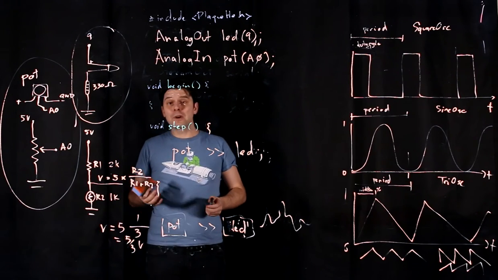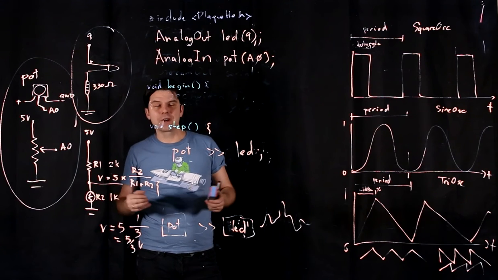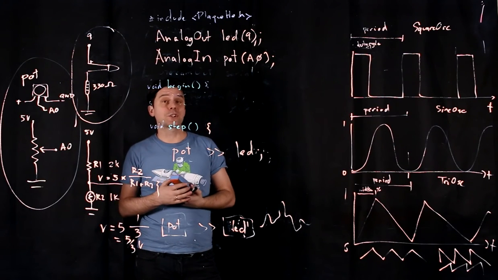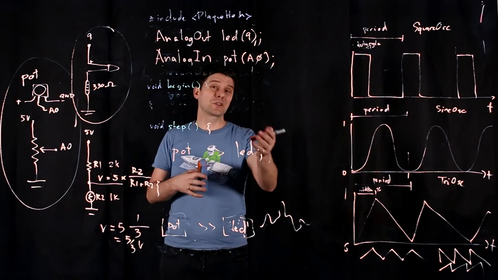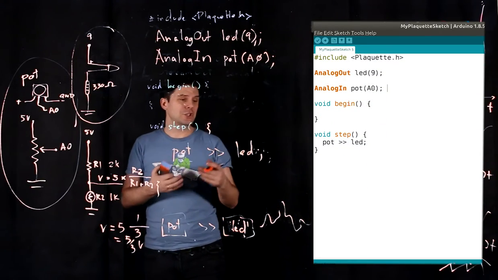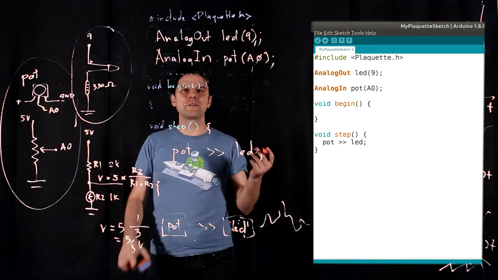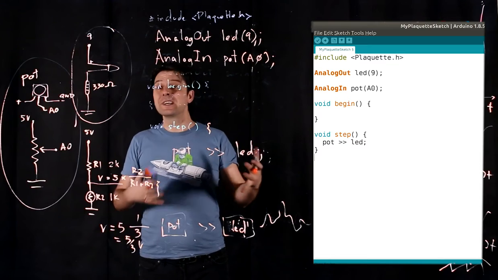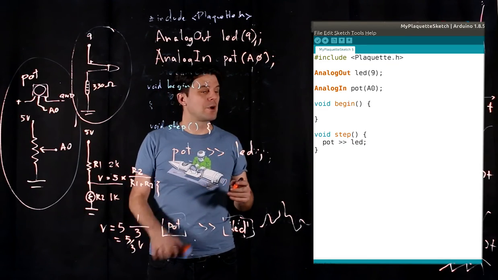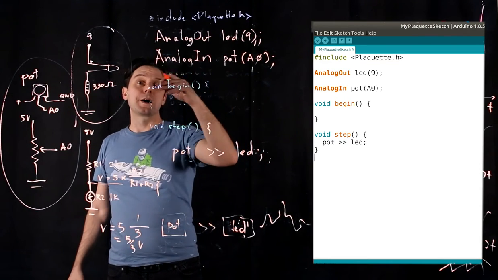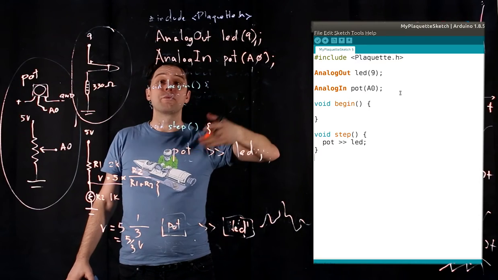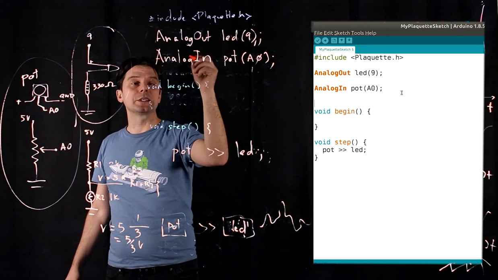Now, another interesting thing that we can do here is perhaps use the potentiometer, instead of controlling the LED directly, to control a little bit more what's going on with the frequency induced into the LED using one of our oscillators.